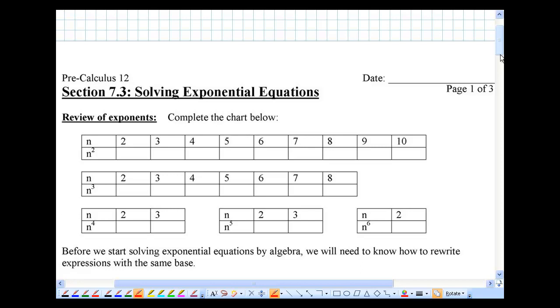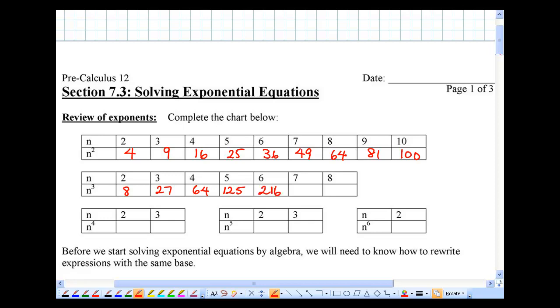2 squared, yeah, that's 4. 9, 16, 25, 36, 49, 64, 81, 100. I know there should be a few more, but at least know these 10, okay? Cubes you should know too. 2 cubed is 8. 3 cubed is 27. 4 cubed is 64. 5 cubed is 125. 6 times 6 is 36 times another 6.